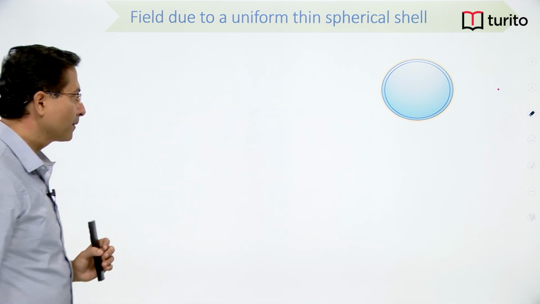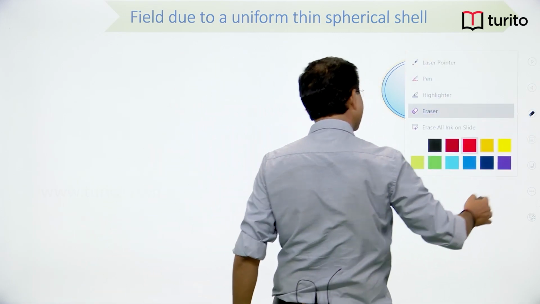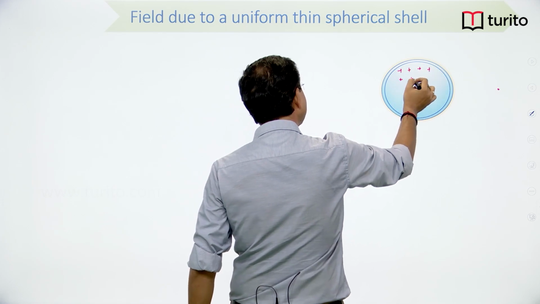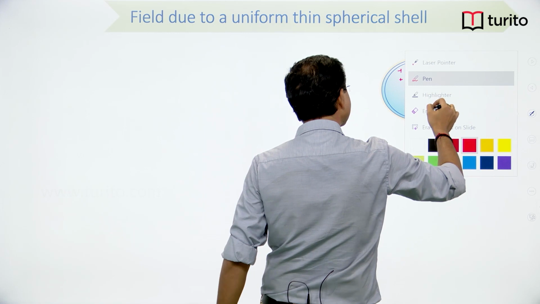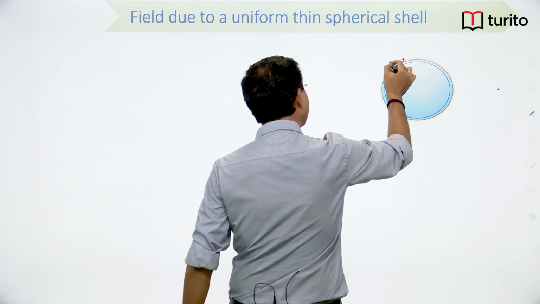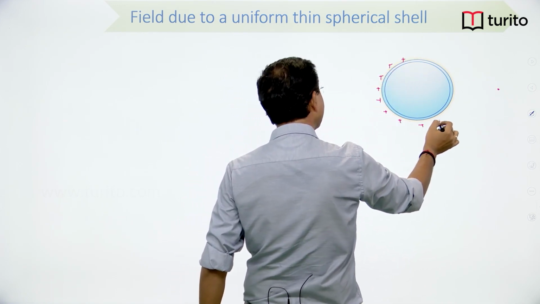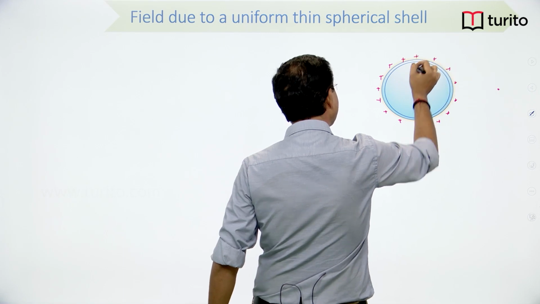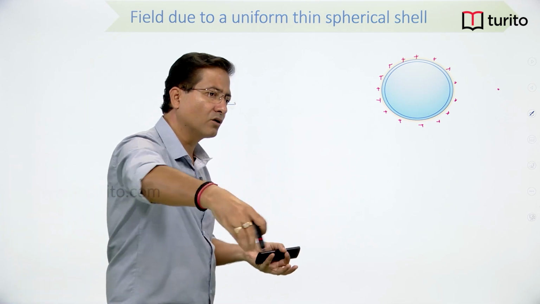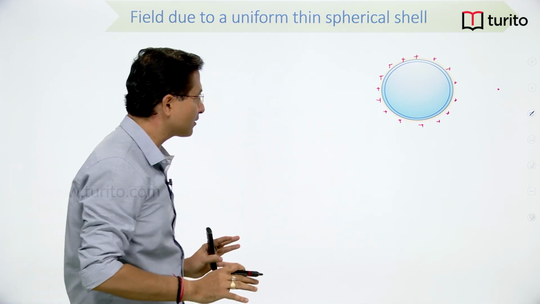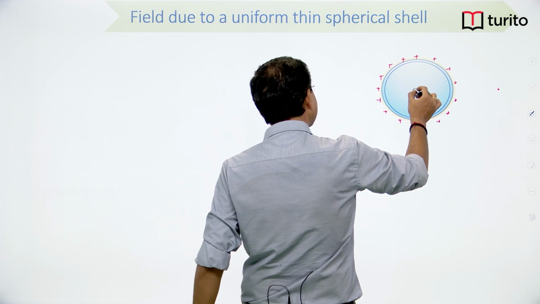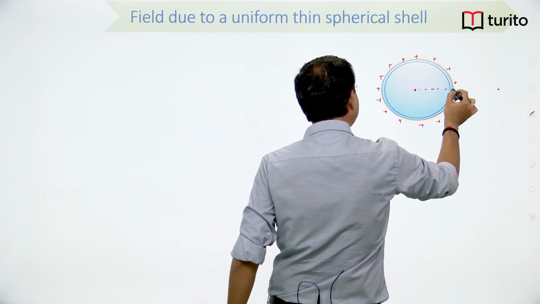For the time being, you can keep in mind that as the distribution is highly symmetric, charge is distributed uniformly over the surface, about all the lines you draw this distribution is symmetric, that is why I am calling it highly symmetric. As the distribution is highly symmetric, I can assume the whole charge is concentrated at the center for any point outside the sphere.